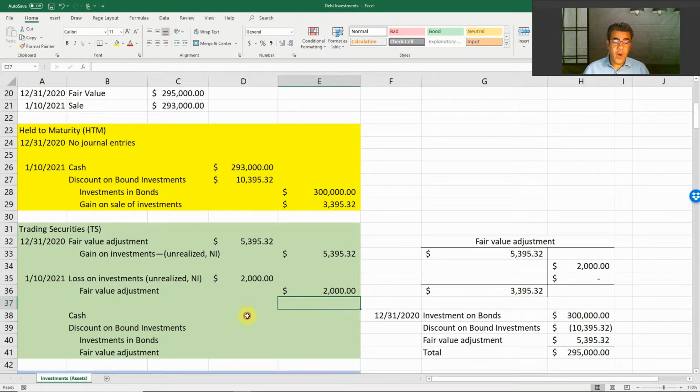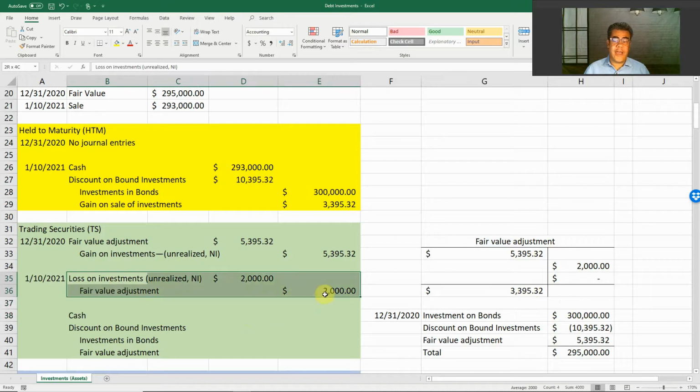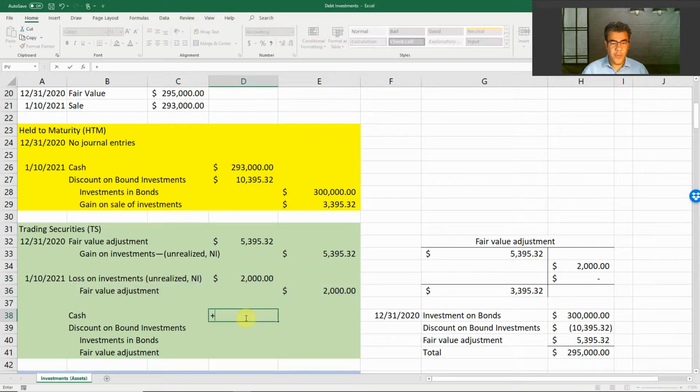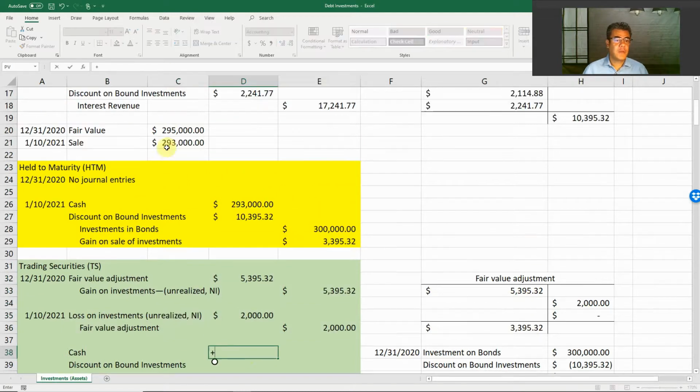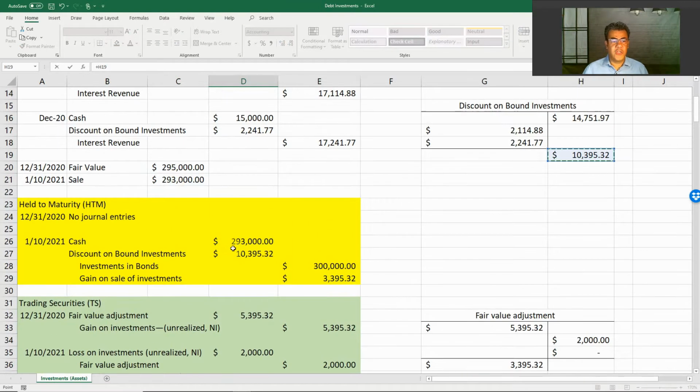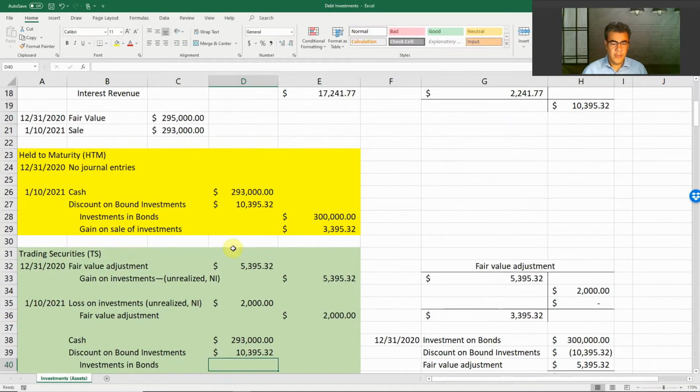So when we sell it, we have no gain or loss because we recognize our gain and loss right before our sale. So the journal entry will be cash, 293. Discount, the same 10 here, just like on held to maturity.